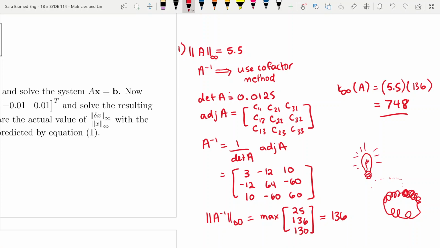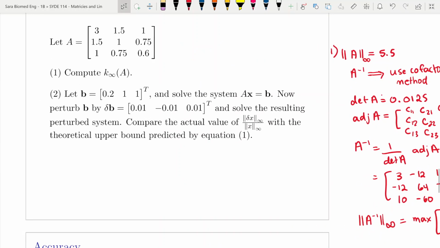Oops, why is it not working? Okay, we have a matrix here. First of all, let's check the inverse. Let's just print it out.